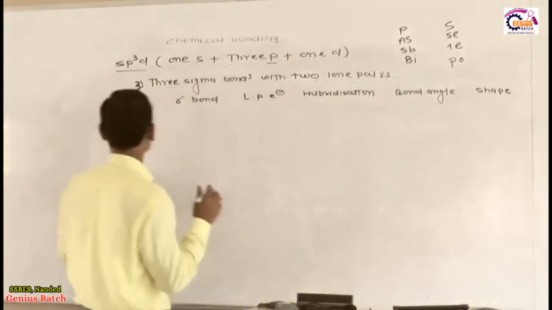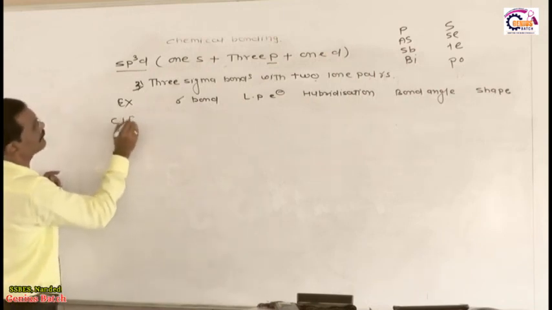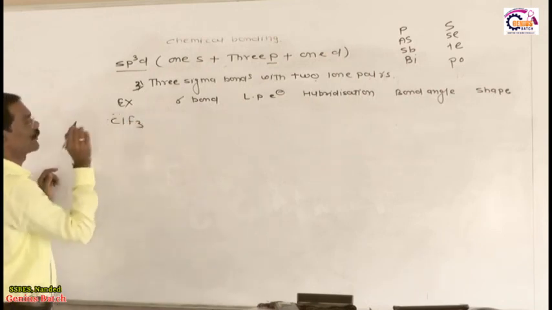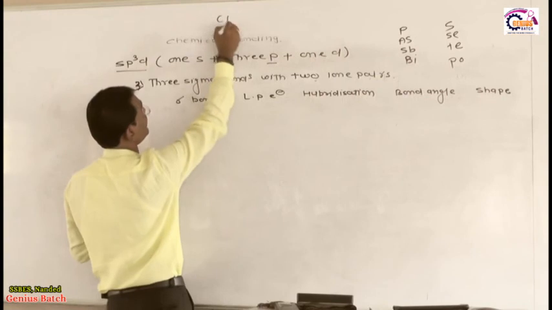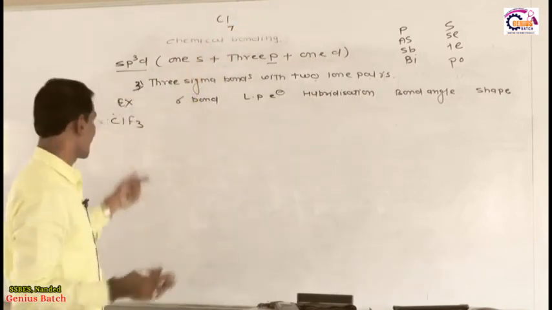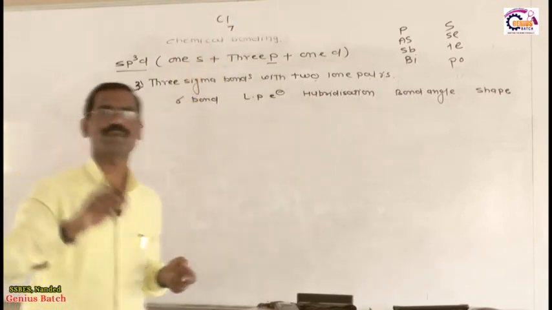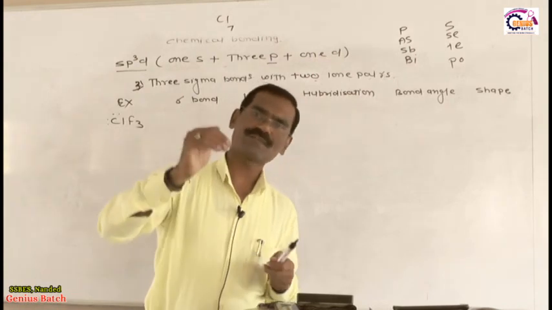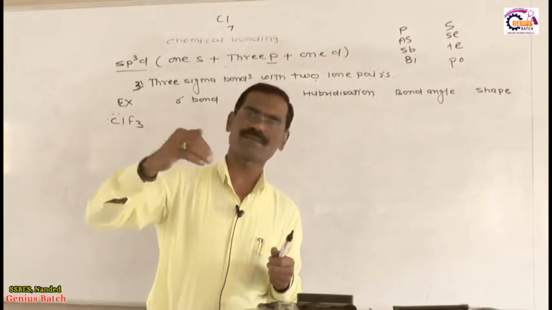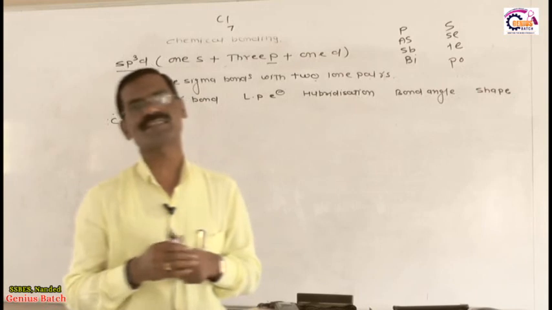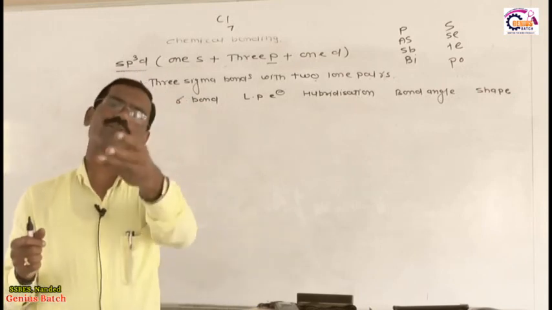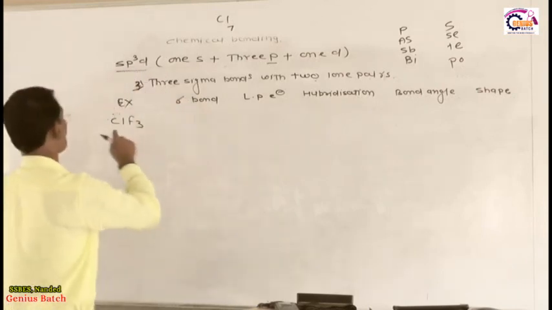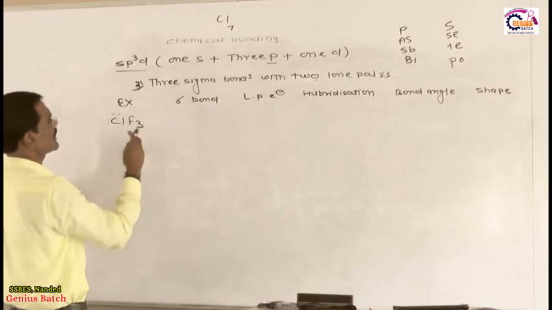The example is ClF3. You know very well, the valence shell of chlorine contains 7 electrons. Only 3 fluorine atoms form bonds, so out of 7, 3 electrons are used, 7 minus 3 is equal to 4. 4 electrons means 2 lone pairs. This is 1, 2, 3, 4, meaning 2 lone pairs in ClF3.